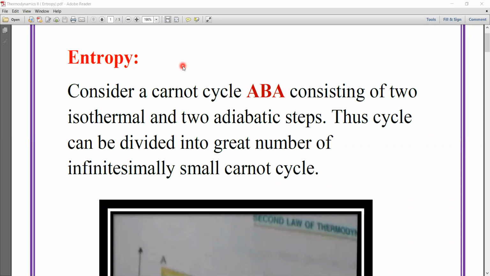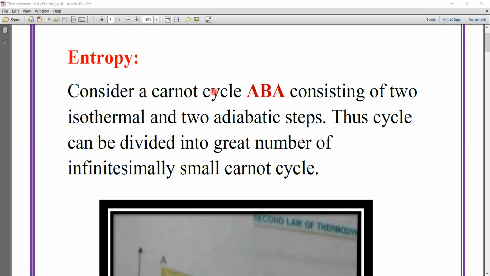We have seen isothermal expansion, adiabatic expansion, isothermal compression, and adiabatic compression. So we have obtained total work done in Carnot cycle. Then we have seen Carnot's theorem. There are 2 Carnot theorems, Carnot theorem first and Carnot theorem second.